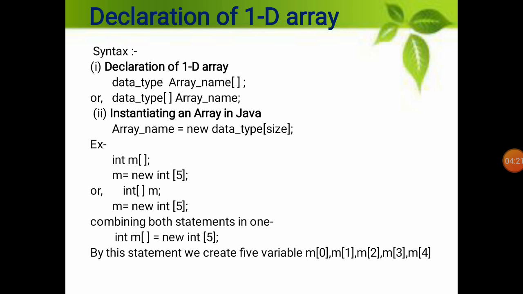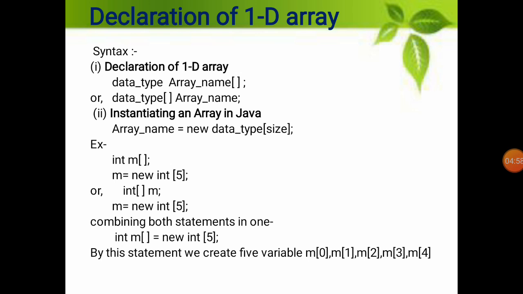Okay, so the example of this: int m[]. The m is an array variable of type int. Now in the second step, m = new int[5]. It defines the size of array variable m. It is of 5. Or another way of this example: int[] m, and then m = new int[5], with the size of the array within the brackets.